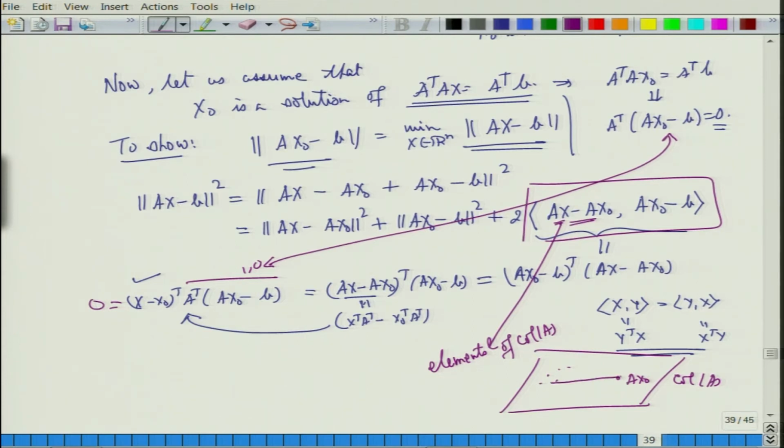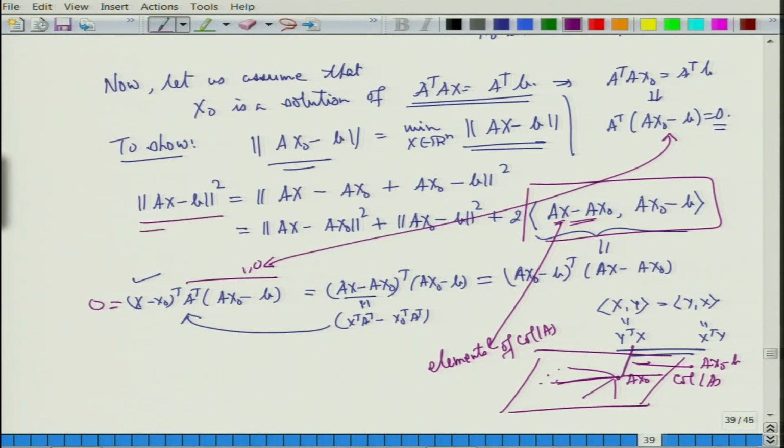Look at this, this is my vector Ax naught minus b. Then we are saying that this vector is perpendicular to everything here, fine. And what will that imply? If it is perpendicular to everything, it means that that must be 0 as such, fine.